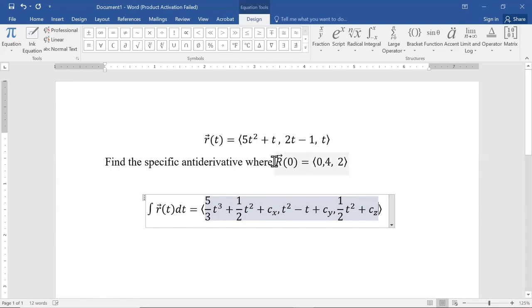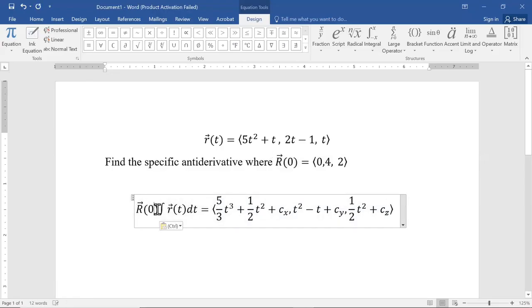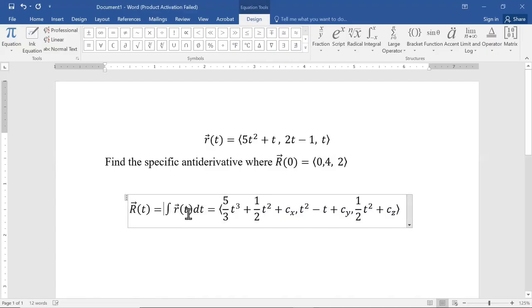Now, this is the capital R of t, so it's that vector.